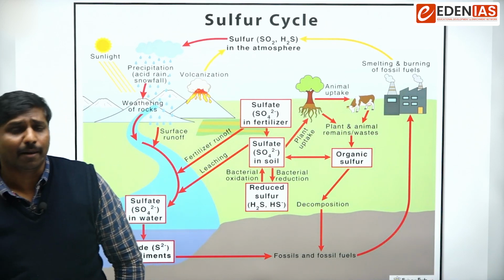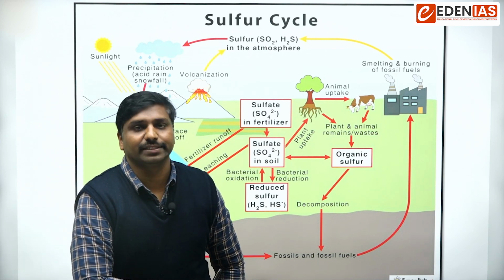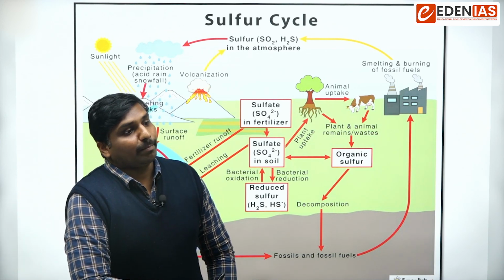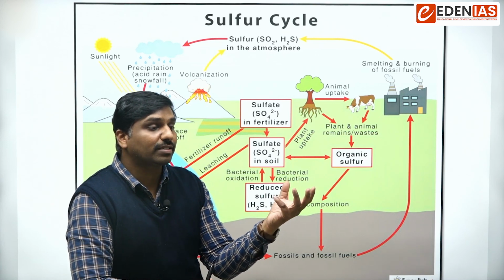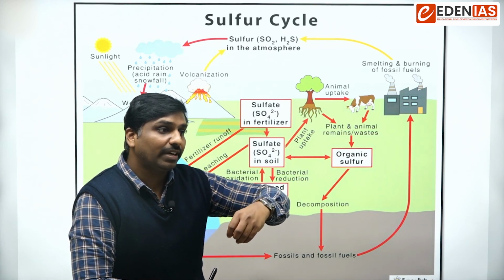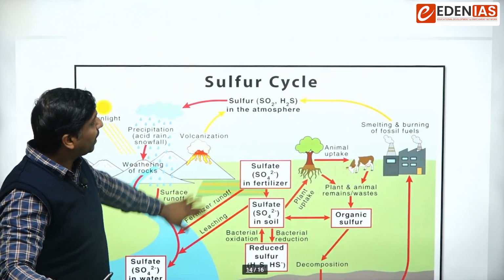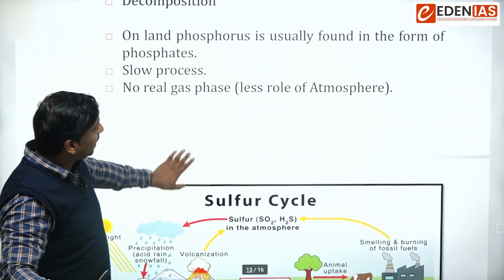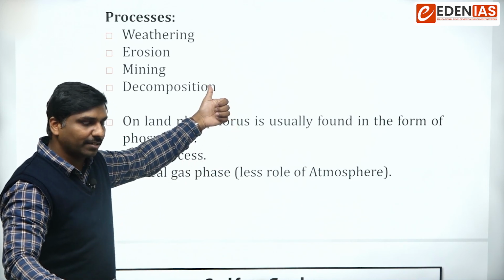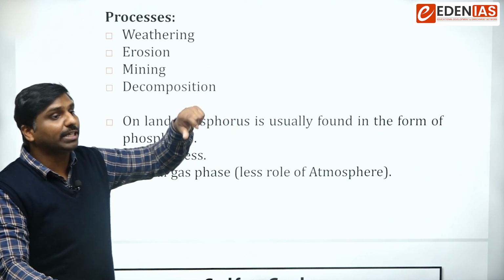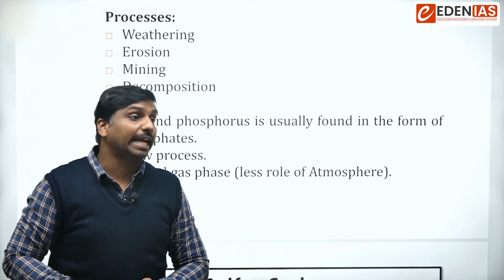If you talk about other things like carbon or hydrogen, those are gaseous cycles, and they usually have the atmosphere as the store. In the phosphorus cycle, phosphorus will never be stored in the atmosphere, as it cannot have any active gaseous phase.